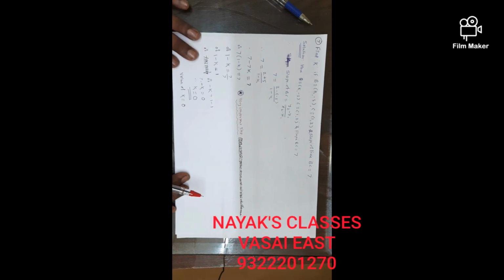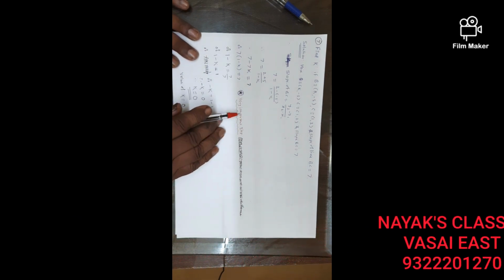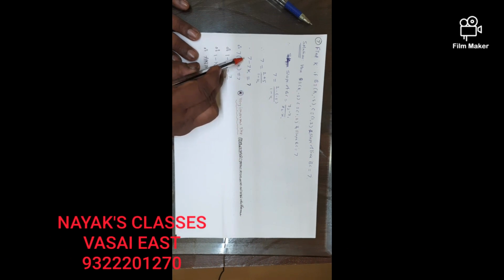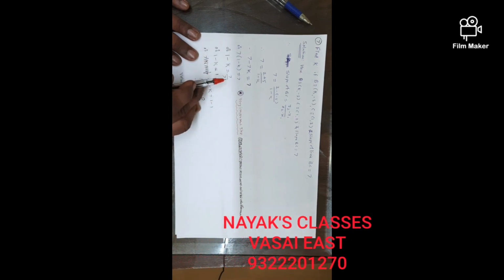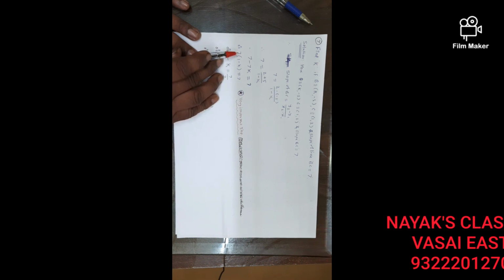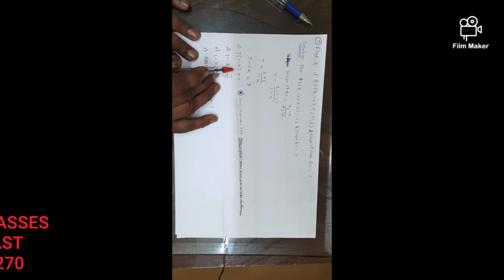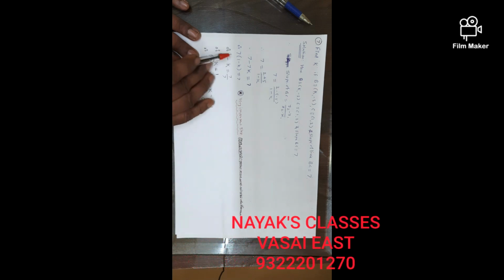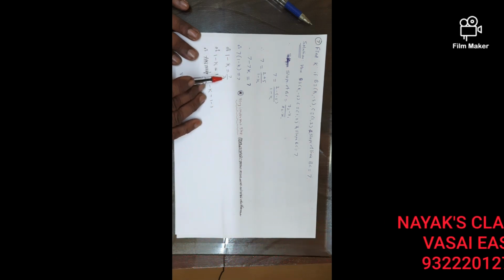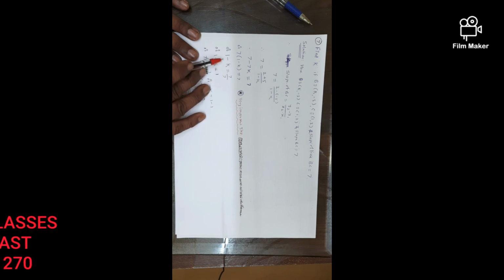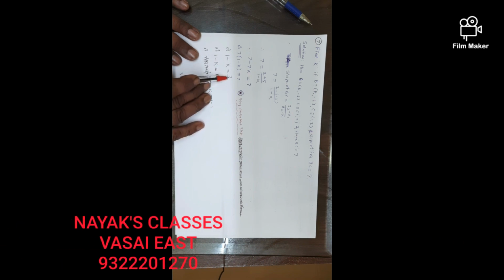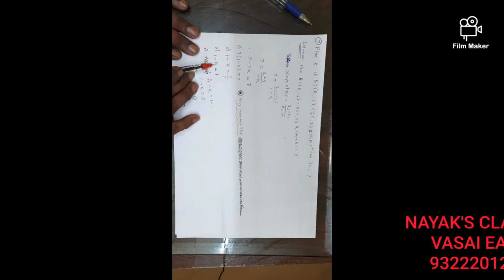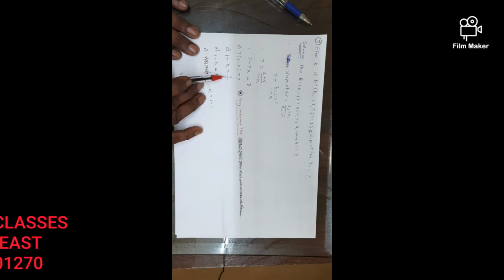Here is a very important step, don't get confused. Take 7 common from the left hand side. So this 7 is out, and in the bracket it is 1 minus k is equal to 7. Then this 7 comes to the right hand side and it becomes 1 minus k is equal to 7 upon 7, which is 1.